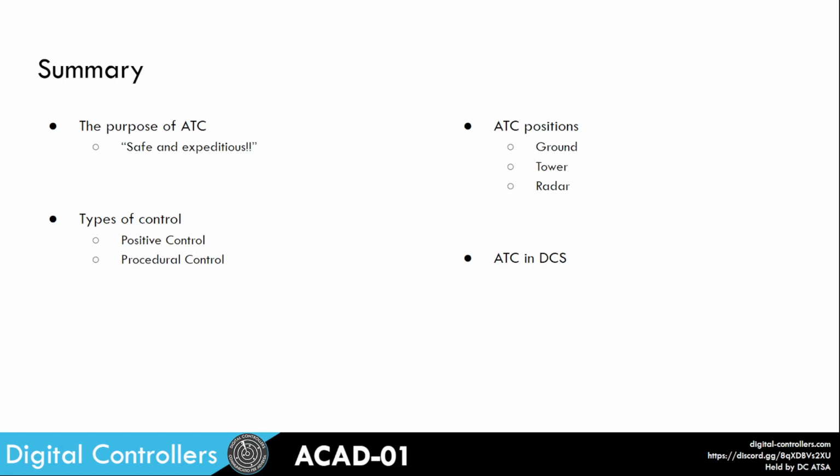We had a look at different air traffic control positions. The ground controllers, controlling the taxiways and the inactive runways. The tower controllers, controlling the border between land and air. And the radar controllers, controlling everything not in the immediate vicinity of an aerodrome.